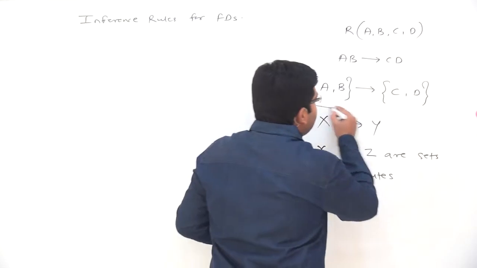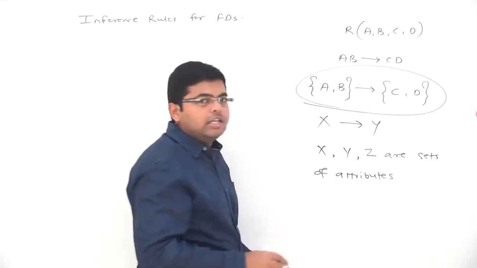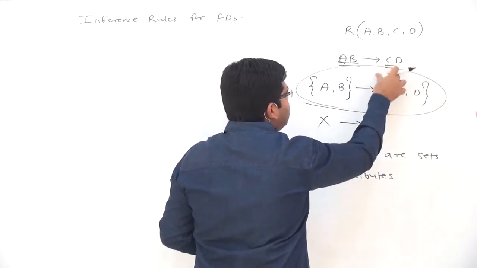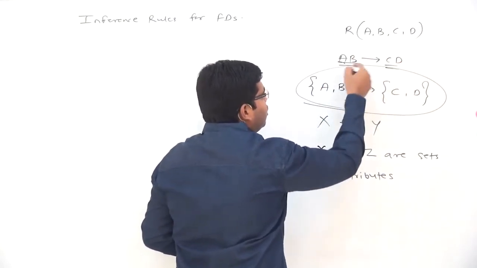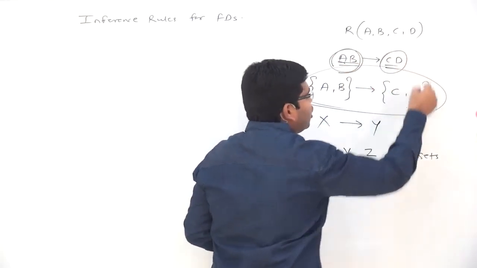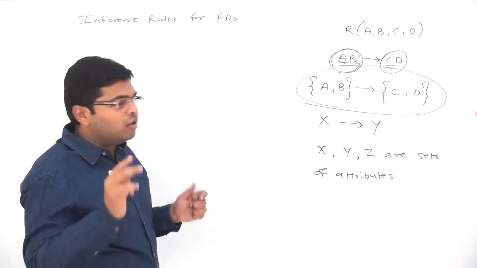However, every time instead of writing down the FD like this, we will be using the shortcut notation, AB gives CD. But remember very well, whenever we write AB gives CD, this is a set of two attributes, and on the right hand side also we have a set of two attributes.